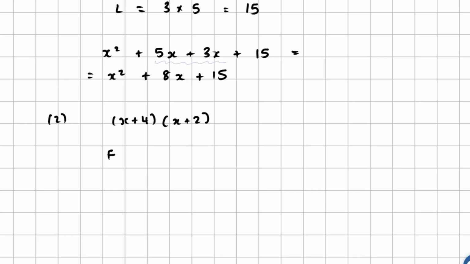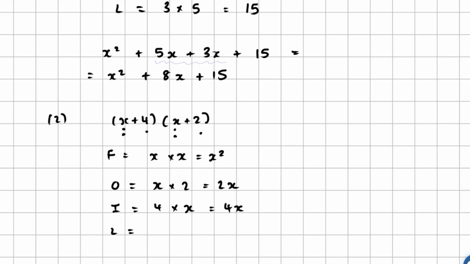Now if we do the same, first, which is that and that, so it's x times x, which is x squared, then outer, which is this times this, because they're both outside, so it would be x times 2 is 2x, and then inner, which is that and that, so it's 4 times x, which is 4x, and then last, which is that and that, which is 4 times 2, which is 8.